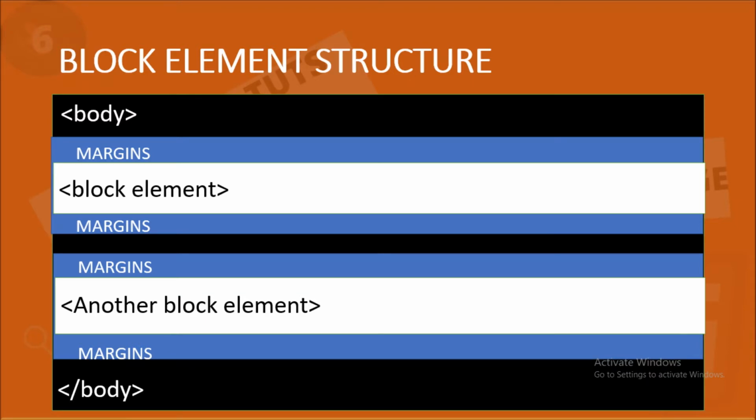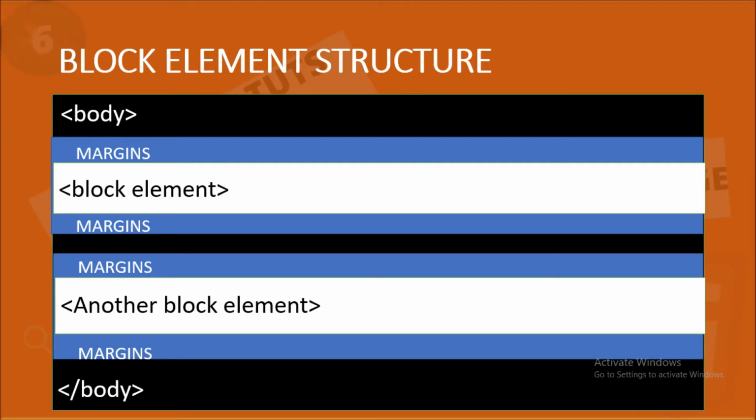If we call another block element, as you can see, it starts on a new line. And each of the block elements has margins, which I said are like spaces. I'll show you how this takes effect in our browser using developer tools, either in this lesson or in the next. If I don't talk about it here, just know it's going to be in the next lesson.